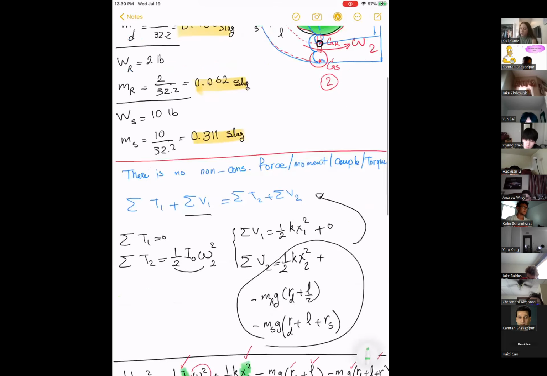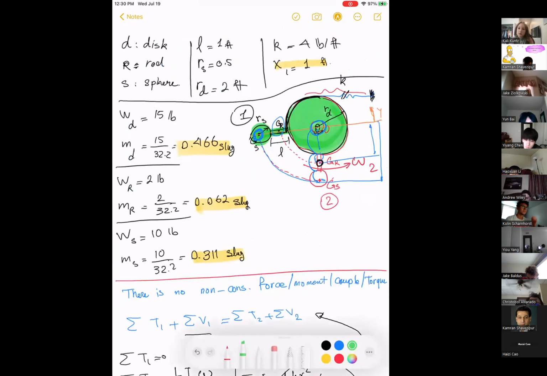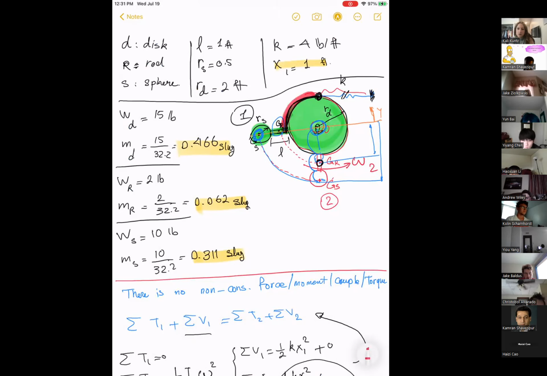Remember, look here for a second, please. Let's say the end of the spring is attached here, okay? As this rotates 90 degrees, your spring is going to be stretched an extra length of this much, right? When this goes 90 degrees, the end of the spring is going to be stretched this much. How much is this length?